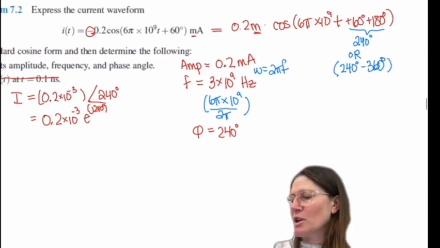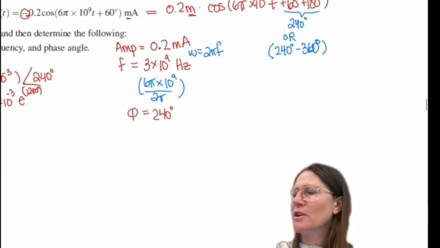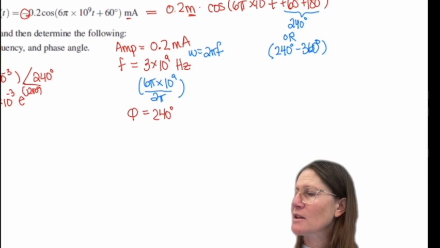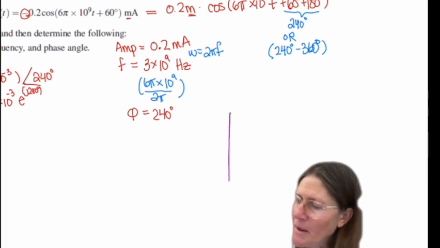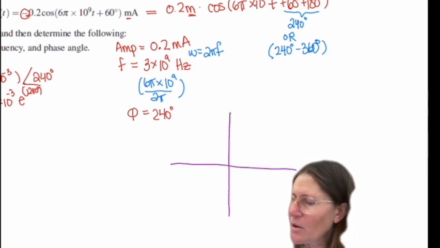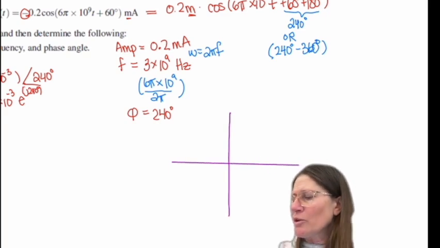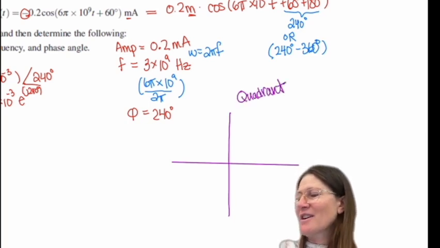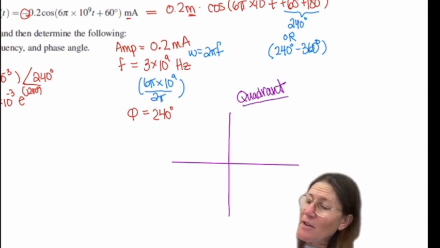Okay, so I do want to talk a second about the different locations in this imaginary real plane. So if you guys remember, you saw this at one point in math, quadrants of these planes.